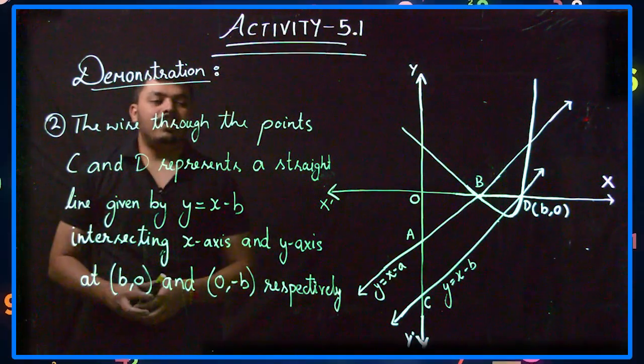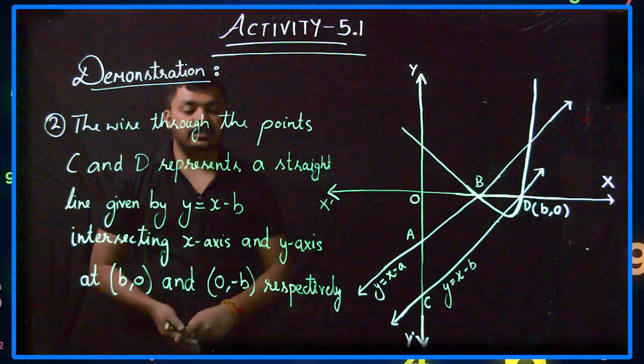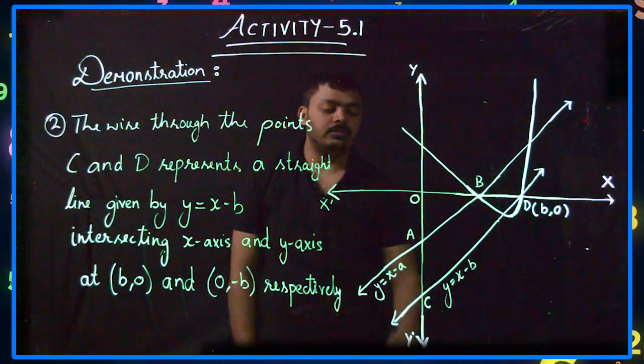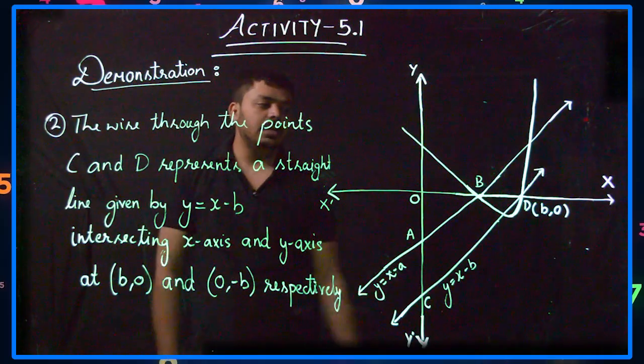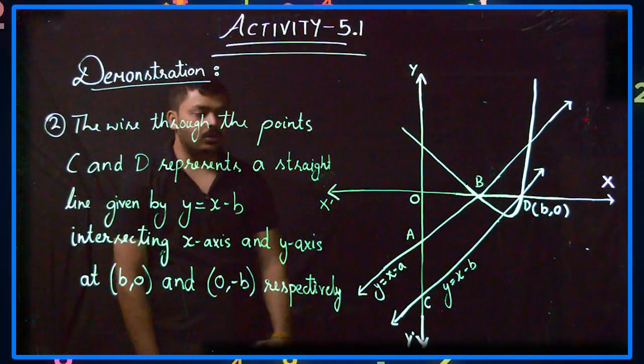So students, the wire through the points C and D represents a straight line which is given by y equals x minus b, which intersects the x-axis at b0 and the y-axis at 0, minus b.